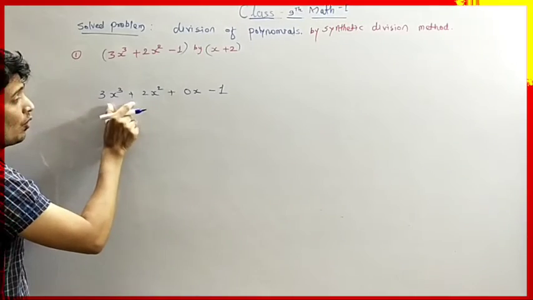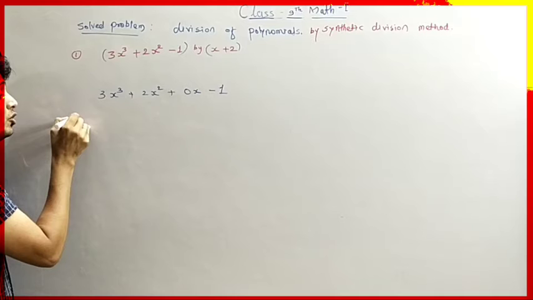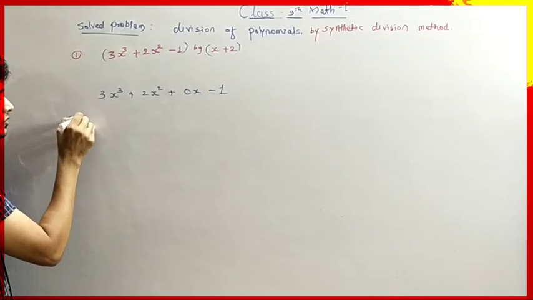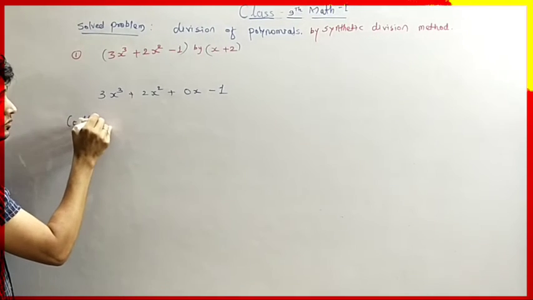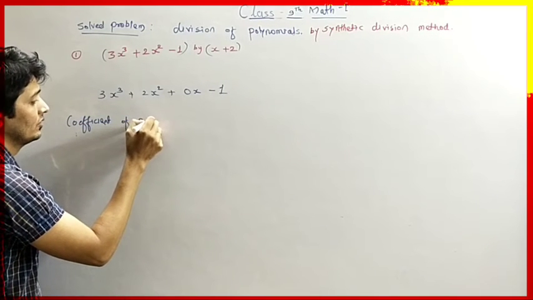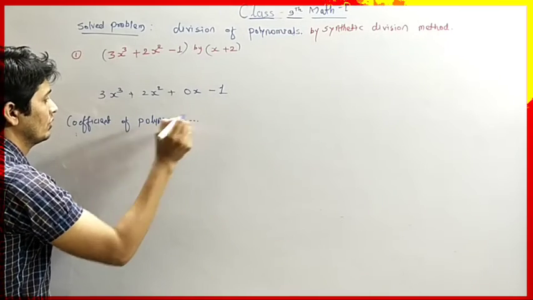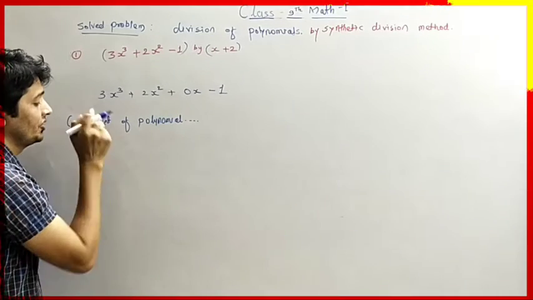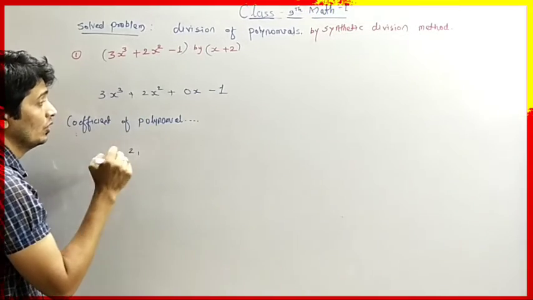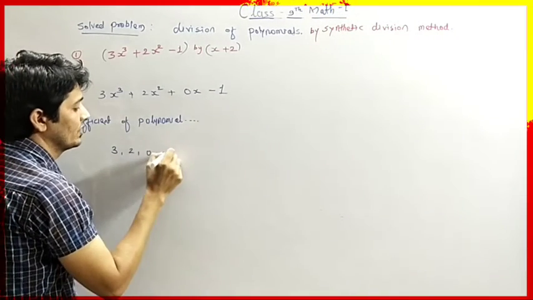Now we have to use the coefficients of this polynomial. What will be the coefficients? They are 3, 2, 0, minus 1.